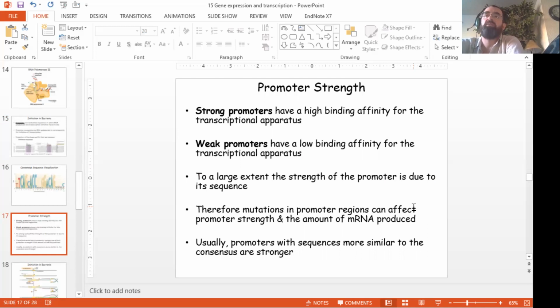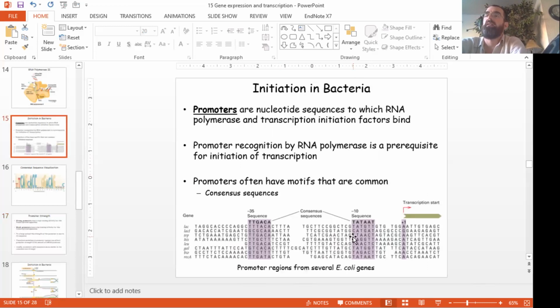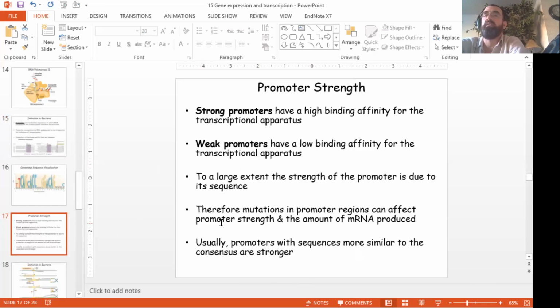And this is really down to how tightly or how willingly RNA polymerase will bind, or other transcription factors will bind, to that piece of DNA, right? And that's very much sequence dependent, right? So what sequence you have here dictates how willing or readily RNA polymerase will bind to it and stick to it, right? And so obviously if there are mutations in that sequence, that's going to affect the promoter strength, really up or down, right?